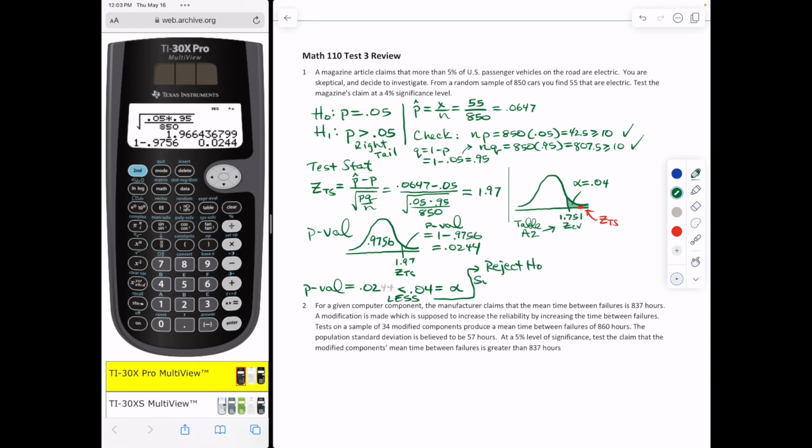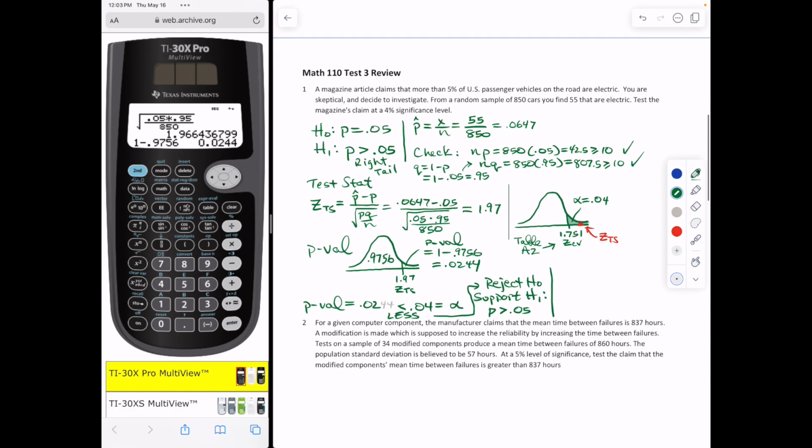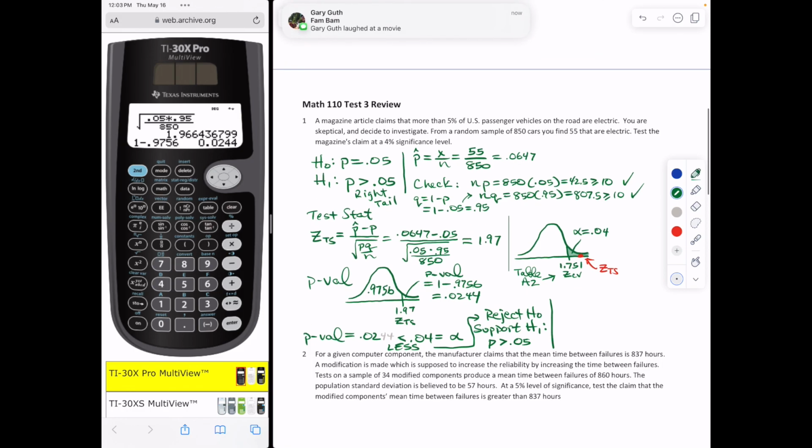We're going to support H1, which had said that P is bigger than 5%, P greater than 0.05. Okay, so that was the proportion of cars on the road that are electric. We have evidence now, so we can say it. The data support the claim.